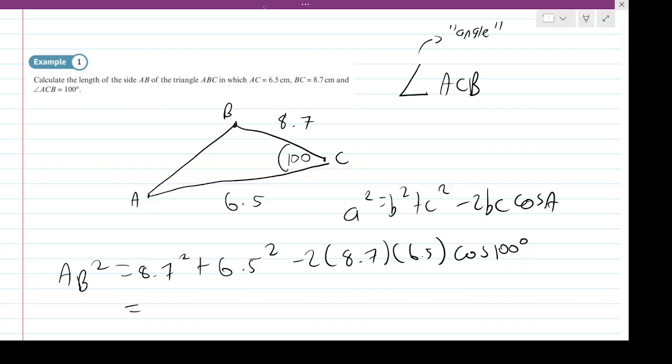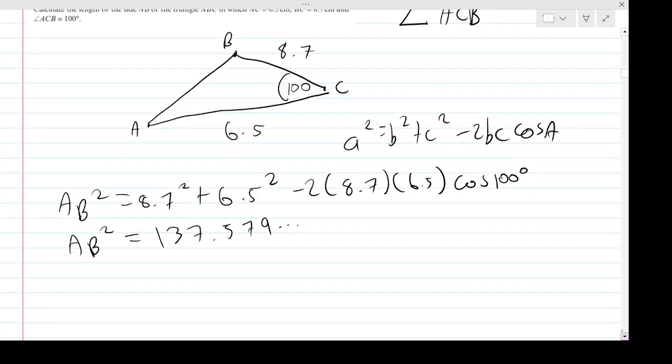So we get AB squared is 8.7 squared plus 6.5 squared minus 2 lots of 8.7 times 6.5 times cosine of 100, which gets me 137.579 dot dot dot. Then to get AB, I simply need to square root it.